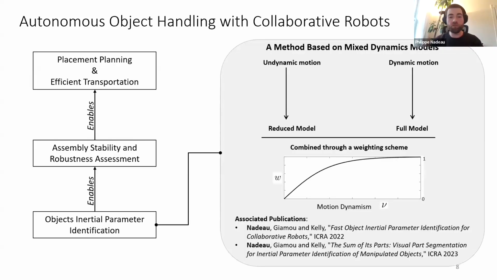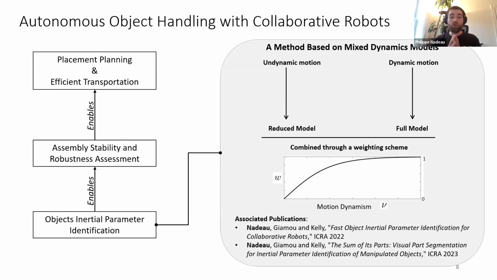So the first contribution consists in a method whose objective is to reduce the impact of low signal-to-noise ratios when the manipulator is moving slowly, while still enabling accurate identification when the robot is moving faster.